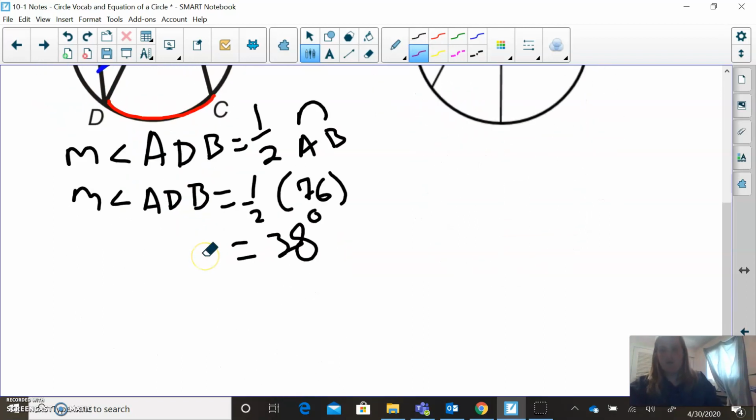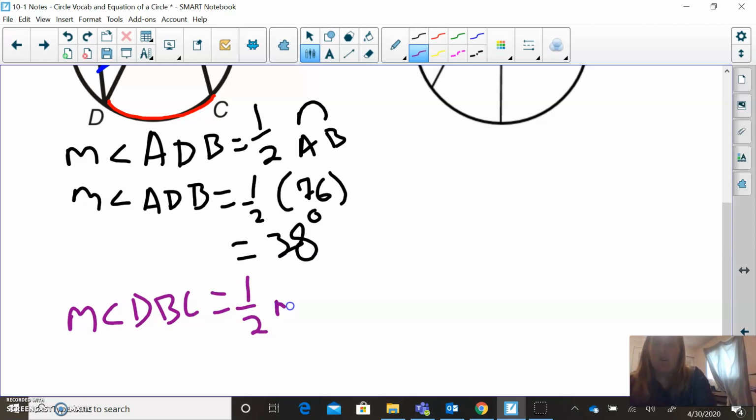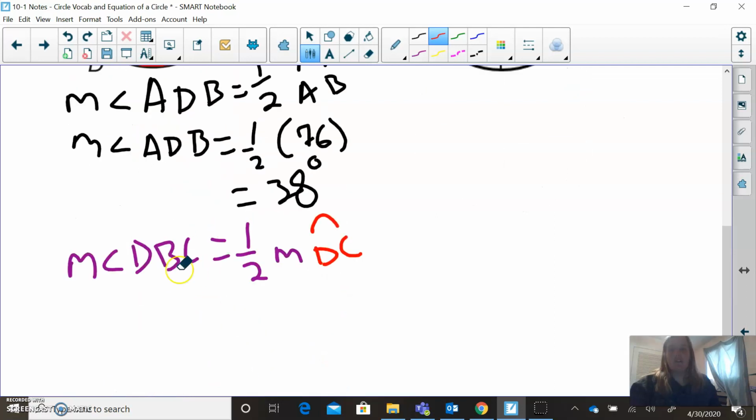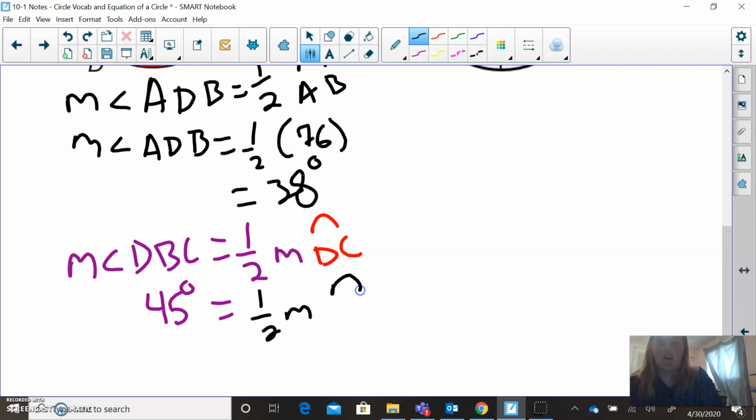So the measure of angle DBC is equal to 1/2 the measure of arc DC. Now we know the measure of angle DBC is 45 degrees. So let's fill in our information. 45 degrees is equal to 1/2 the measure of arc DC.